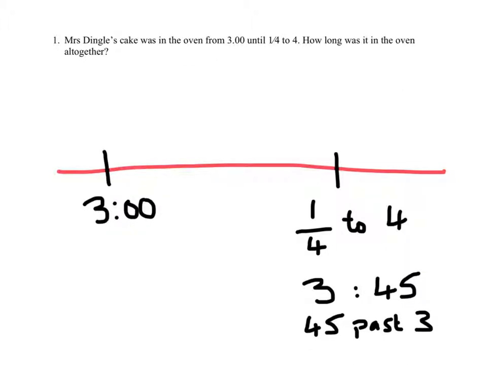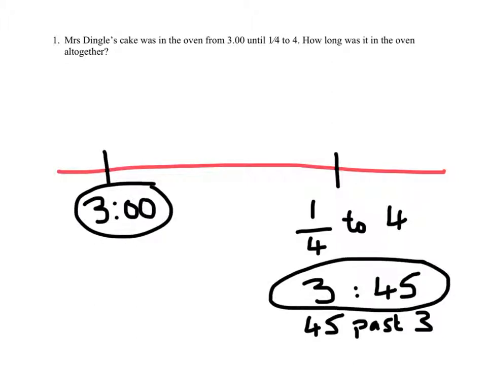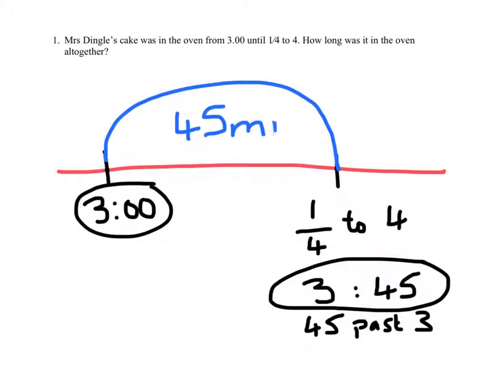If we look at the digital times of 3 o'clock and 3:45, that's probably easiest to notice that the clock has jumped 45 minutes. So how long was the cake in the oven? 45 minutes.